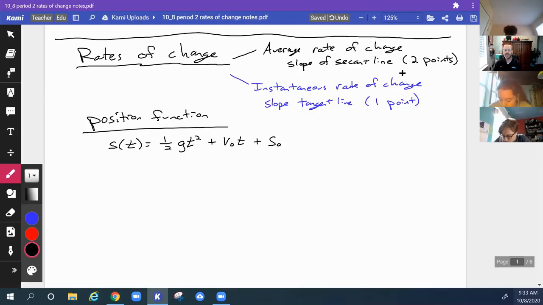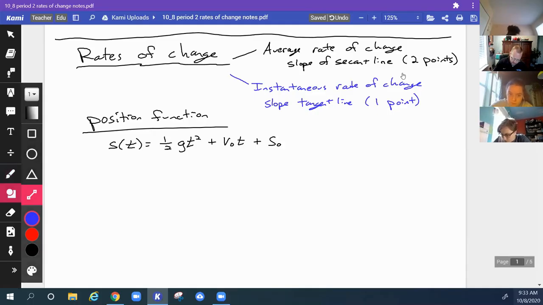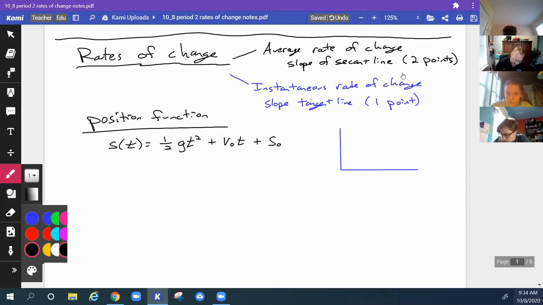All you physics kids are probably dealing with meters per second and things like that, but we're not physics kids, we're calculus kids. So we are thinking about this right here, where this is going to be t, remember, and that is going to be time. And then this is going to be s of t, remember this is position.